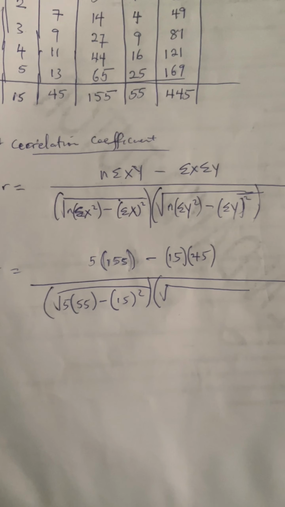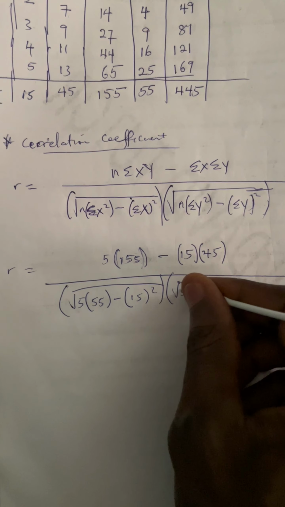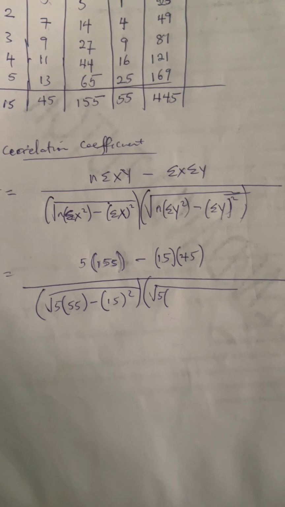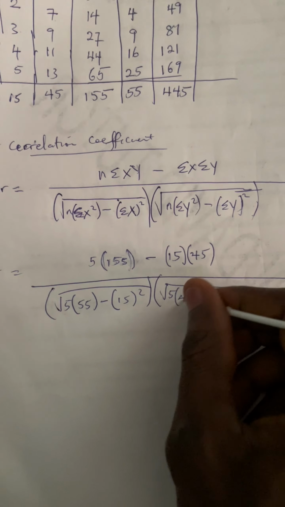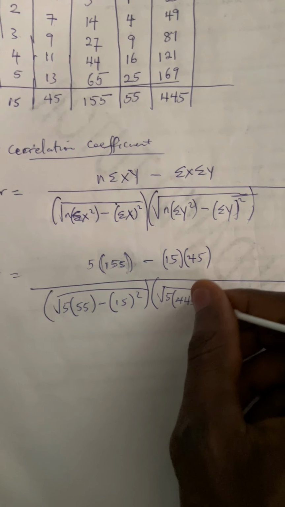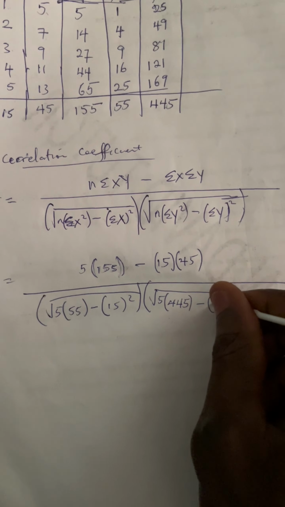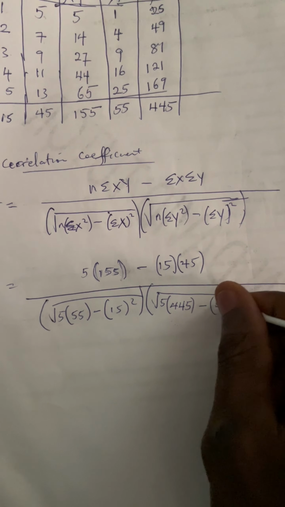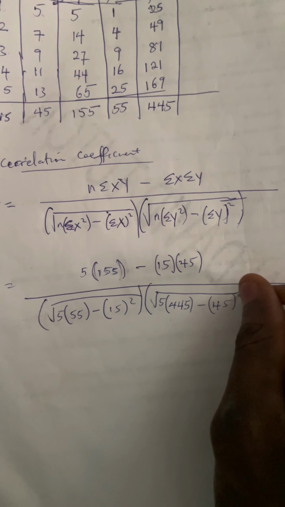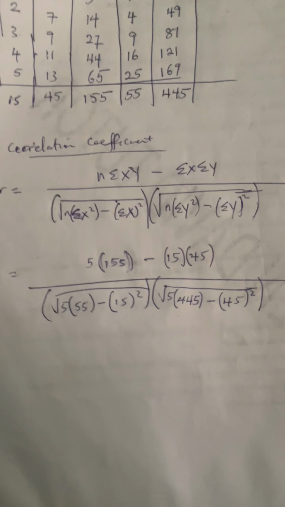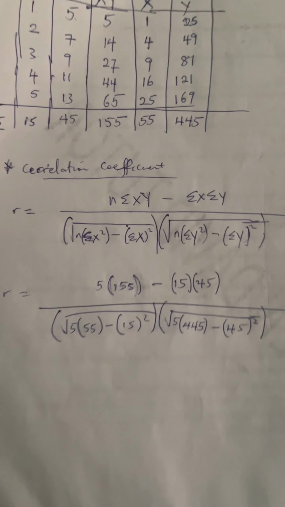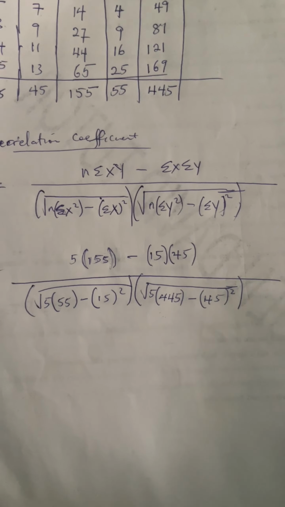Square root of, we have n to be 5, into bracket summation y squared, that's 445, minus summation y, which is 45, all square. Close bracket. Now, let us sum this together on the calculator.